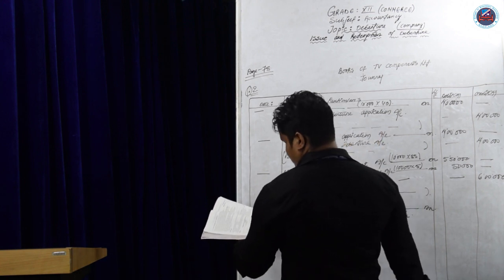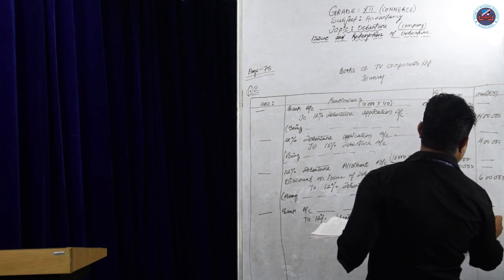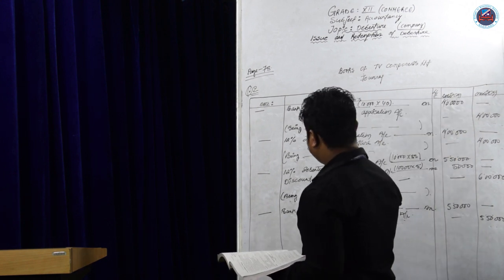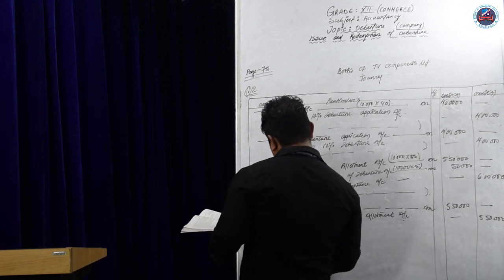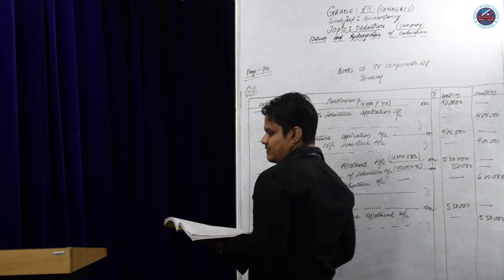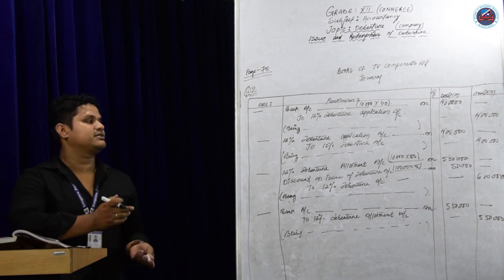What will be the amount? Same, 5,50,000. Narration will be the same, being the debenture issued at discount.